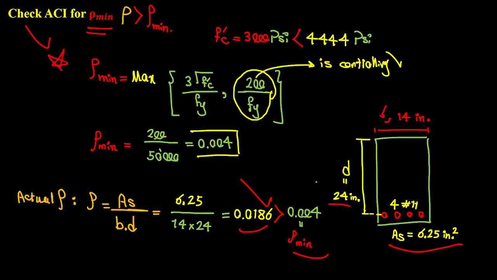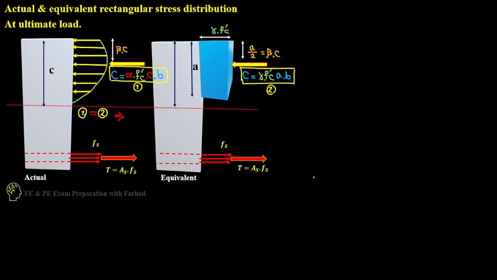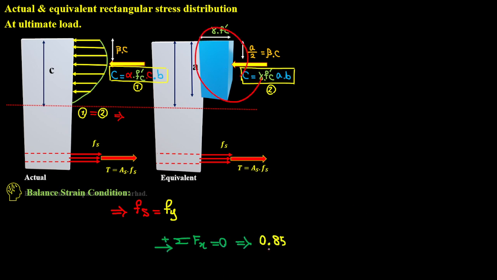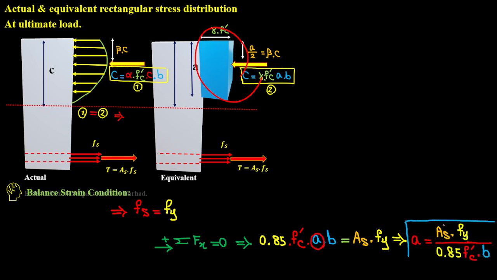To be careful about checking, double check the documentation at the very end of the process. So again, based off this stress block, we get a, the height of this block, which is something less than the neutral axis.